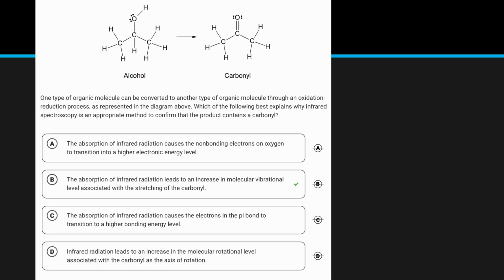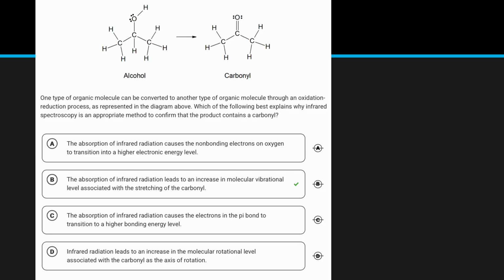This question is asking why infrared spectroscopy is a good method to confirm the presence of a carbonyl group. Remember, infrared radiation excites molecules into different vibrational states. So each type of bond vibrates at a characteristic frequency, which means bonds show up as unique signals on an IR spectrum.